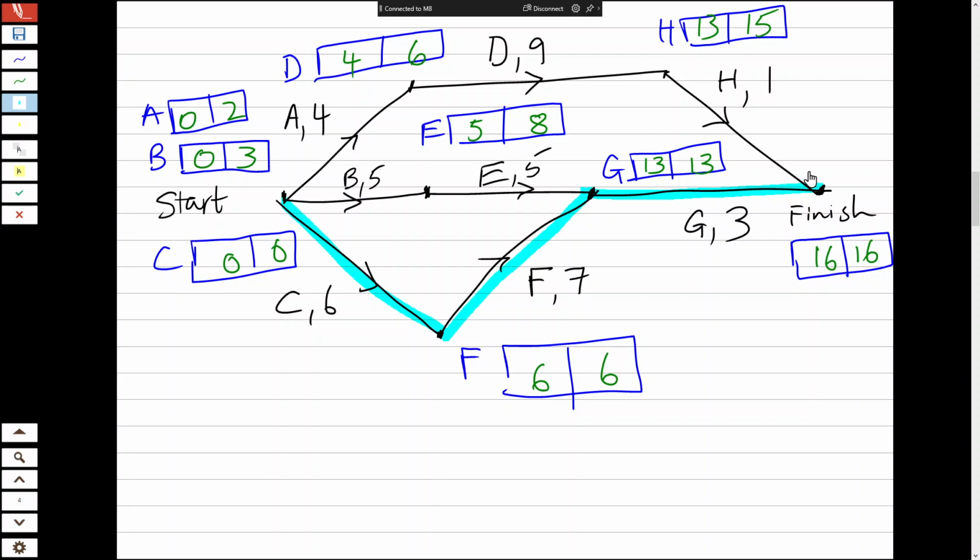No, that has a weight of 10. So, we have to work out how long D can be delayed by.